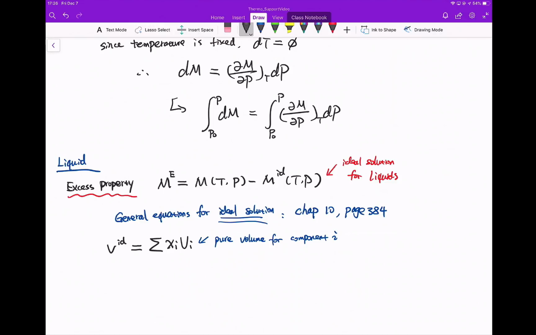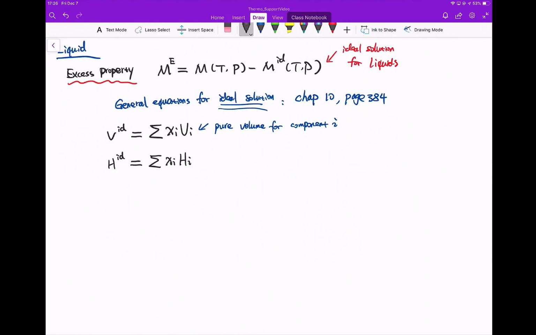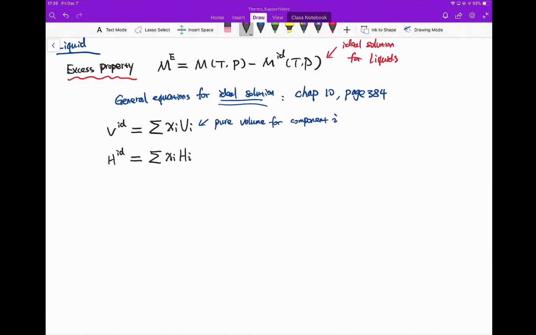We also have the enthalpy for the ideal solution, which is also the summation of xi times Hi. However, the entropy and the Gibbs energy are more complicated for the ideal solution.